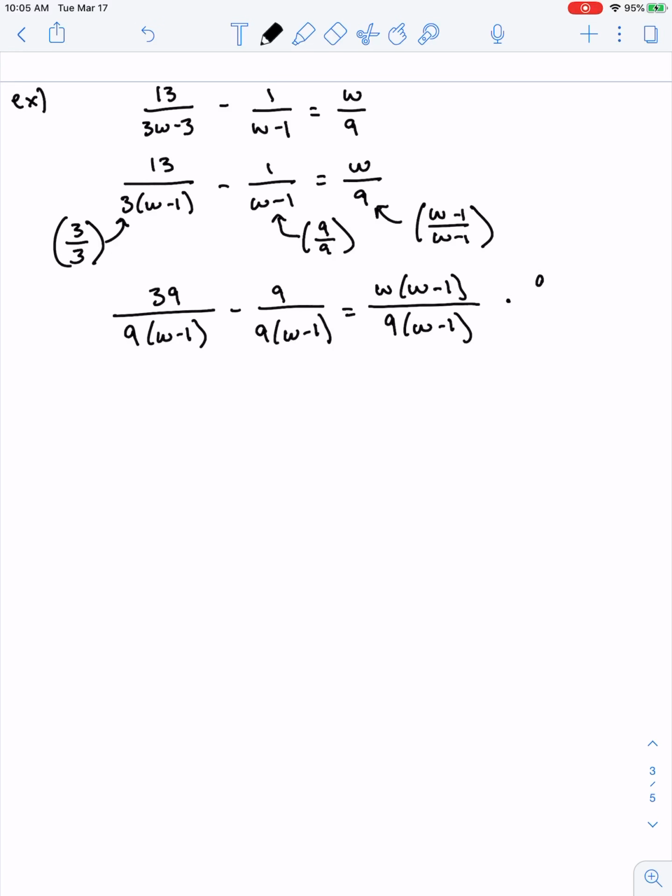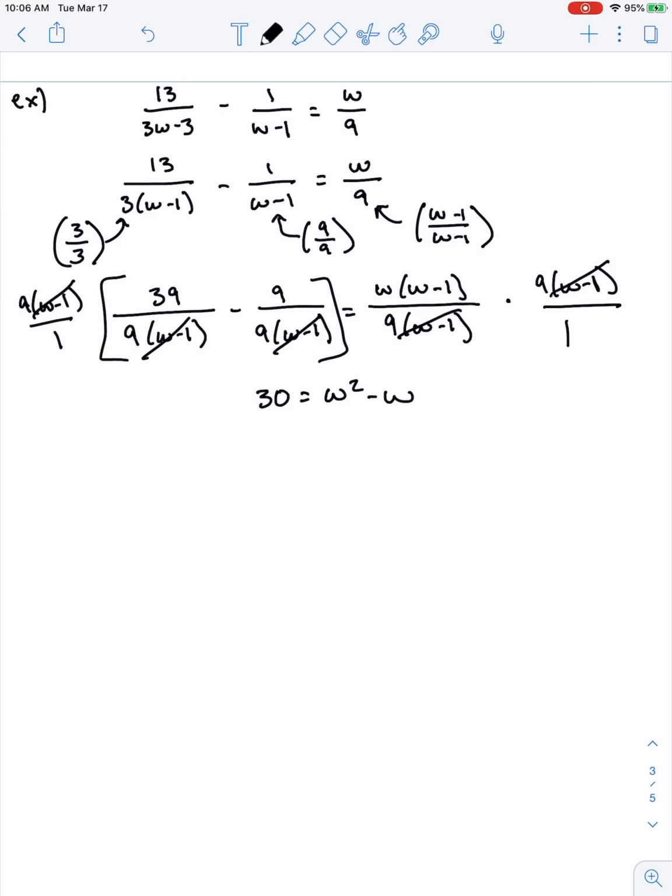If I multiply this side by 9 times w minus 1, and I multiply all the terms on this side by 9 times w minus 1, they will cancel, and I'm left with 39 minus 9, which is 30, is equal to w squared minus w. So I'm going to go ahead and bring that constant term over, and I get 0 is equal to w squared minus w minus 30.